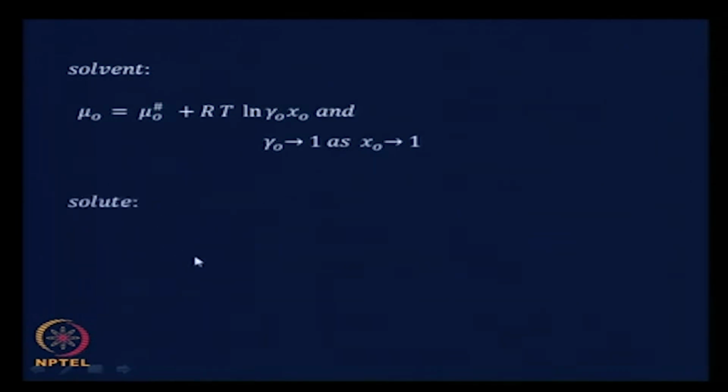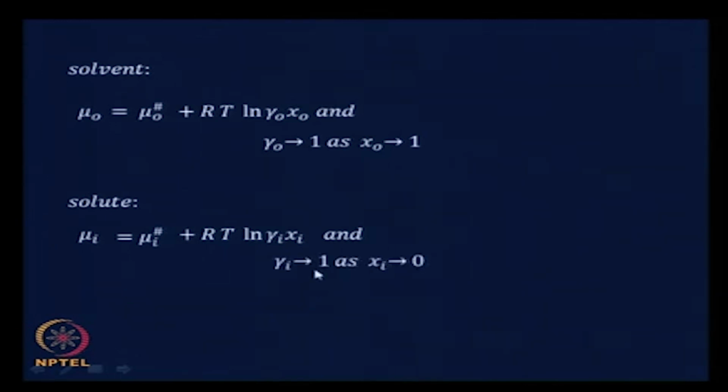For the solute we needed to write mu_i equals mu_i hash plus RT ln gamma_i x_i, and gamma_i tends to 1 as the solute mole fraction tends to 0. Both of these put together need to be used in such a situation, as we said in many biological systems, that we call equation 4.9.